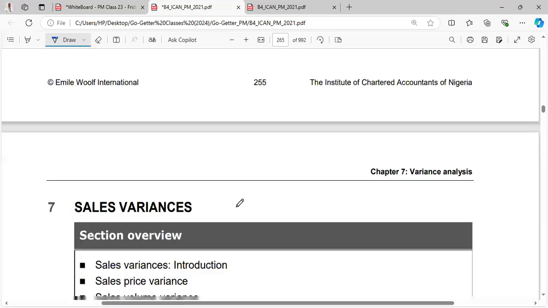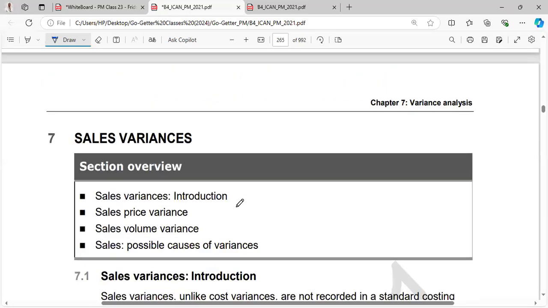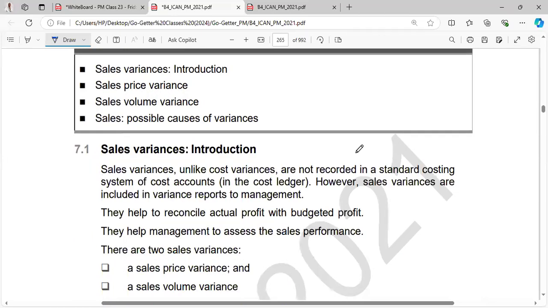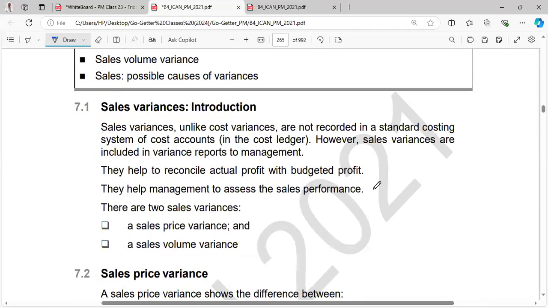So now we have been able to reproduce our cost variances. We know how to produce direct material cost variance, direct labor, variable overhead, fixed overhead. Now let's get into the sales variance. Sales variances, unlike cost variances, are not recorded in a standard costing system.